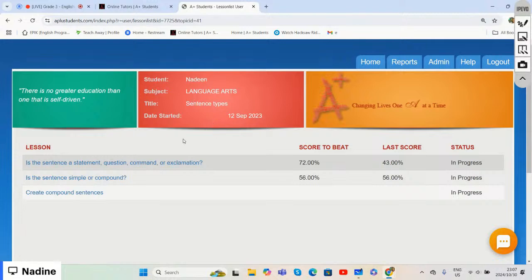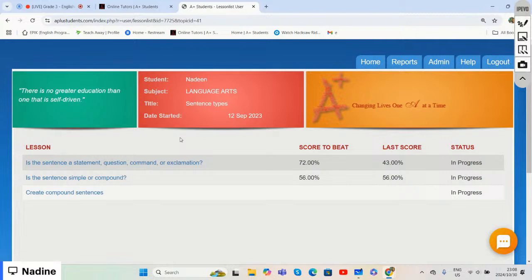When you write a sentence, depending on your tone, depending on what you ask, depending on whatever happens within the sentence, we will either see that a statement is being made, a question is being asked, a command is being made, or it is an exclamation.